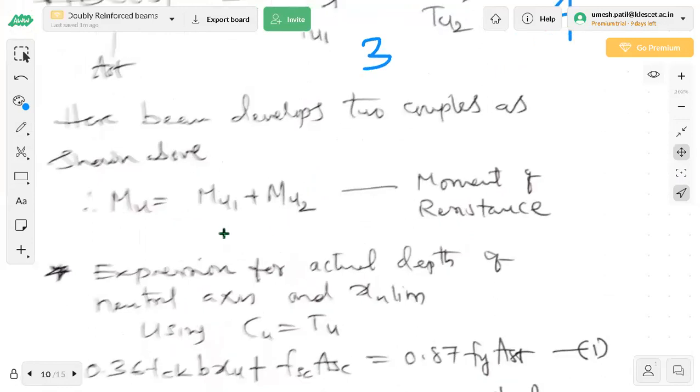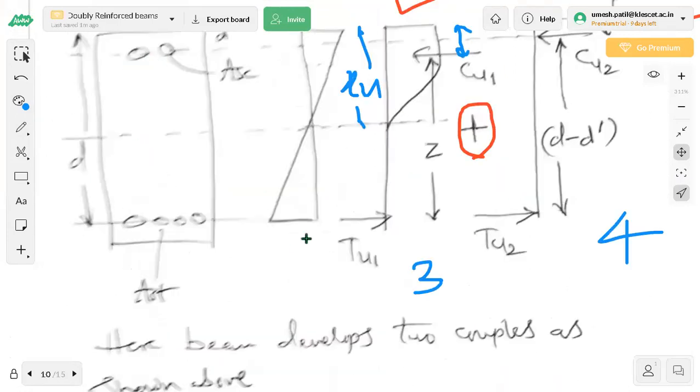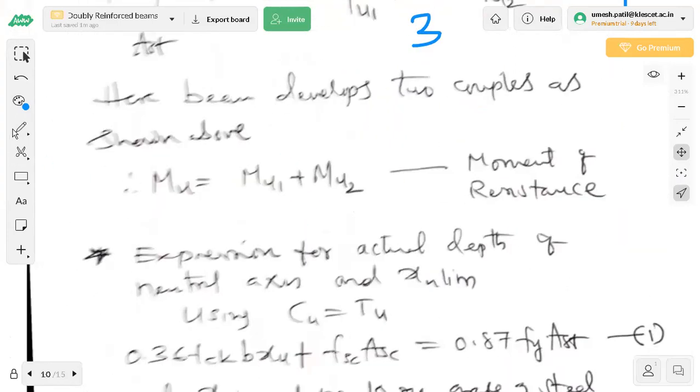Now what it means here is, if I remove the compression steel in the compression zone, these 2 bars, imagine that is removed, this will become 0. It becomes a singly reinforced section. If I remove the compression steel, there is no question of second couple formation.